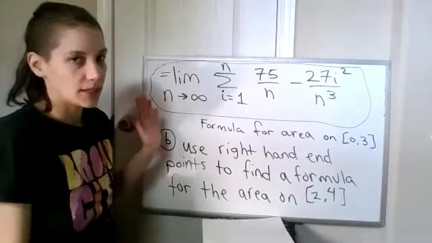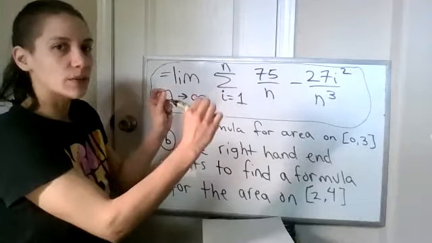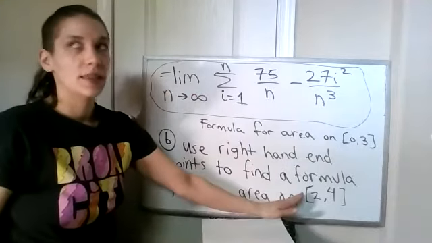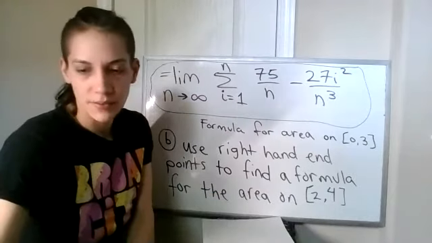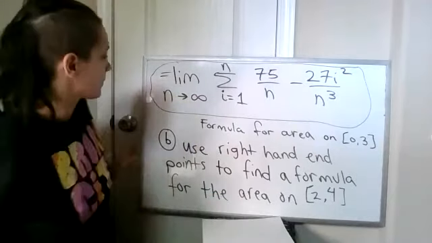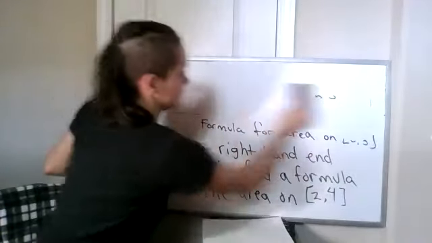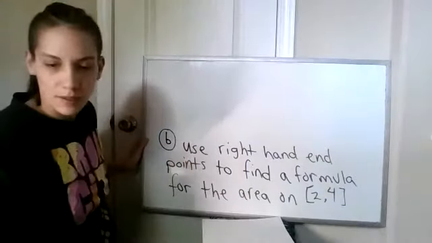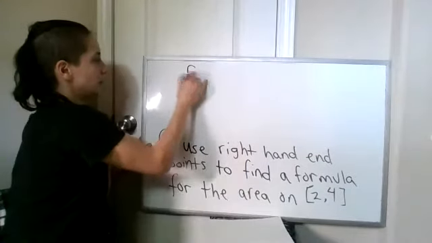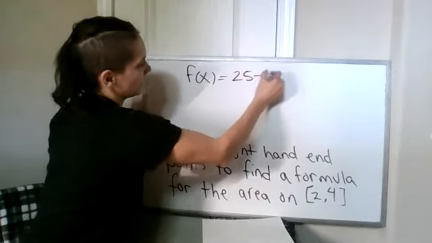Okay, so again, I think we should draw a big picture, and we'll enhance the interval that we're on, this one. And then we'll break it into subintervals, piece everything together. It's f of x equals 25 minus x squared.